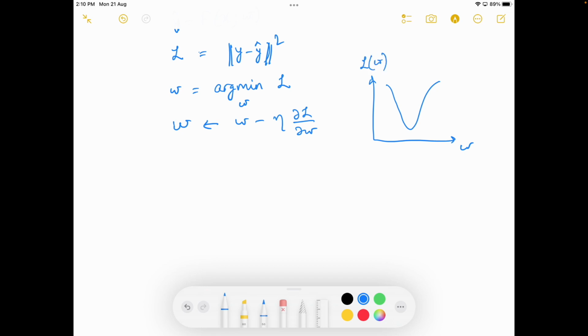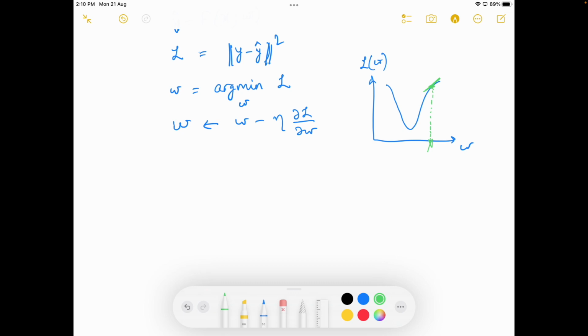So first of all I randomly choose some W. Let's say I chose this W randomly. Here, the value of L is this much. I find the slope, which means dou L upon dou W. Slope is like this. The slope is positive.